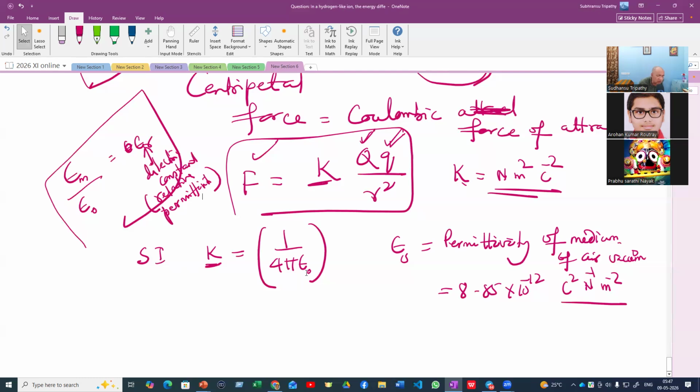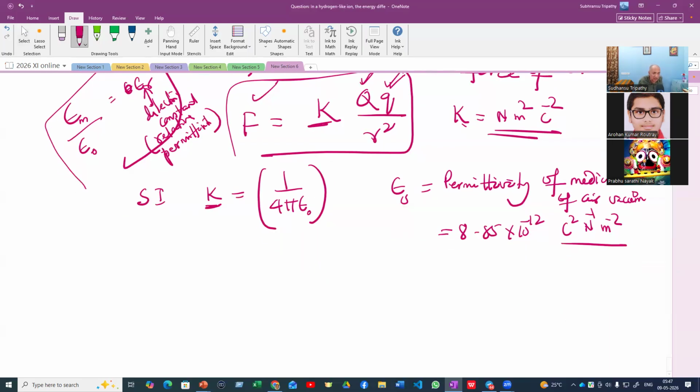But since we are using the medium as air or vacuum, then we are writing epsilon naught, whose value is this. And in CGS, K is equal to 1. That's interesting. K value is equal to 1.